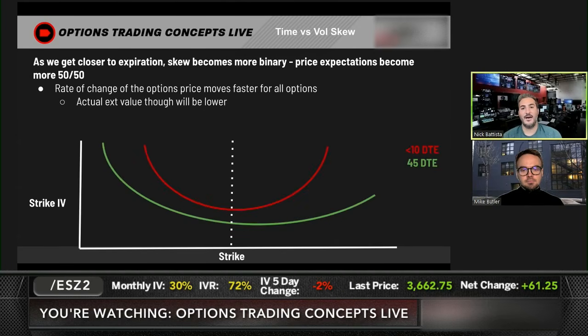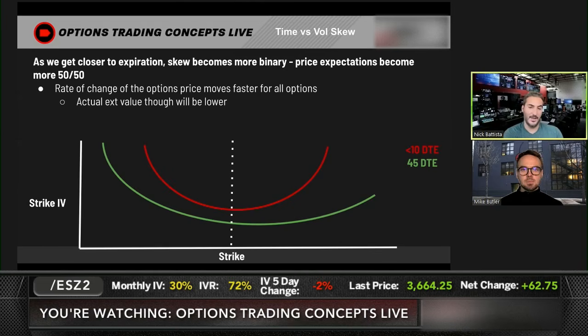So here, when you have a situation where you have a smirk, so you have a volatility skew to the downside and an IV smirk, as you get closer to expiration, this implied volatility gets more into the binary, 50-50 type shot distribution that we looked at, a normal volatility smile.